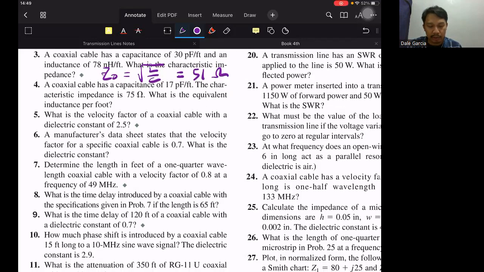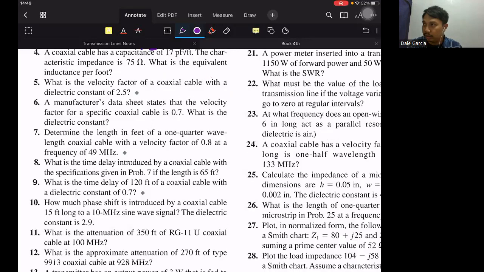Velocity factor of coaxial cable with dielectric constant of 2.5. So, formula ani.